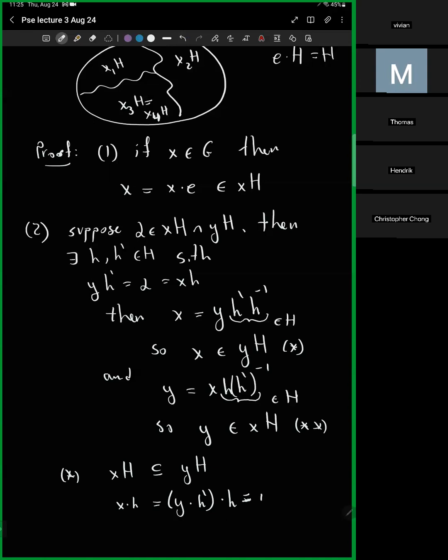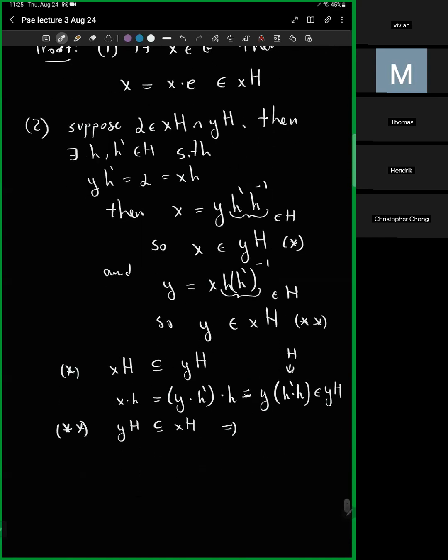This is like y h prime h, which is an element in H. So this belongs to yH. And double star similarly would imply that the whole coset yH is included in xH. So both of these things imply that xH is equal to yH.